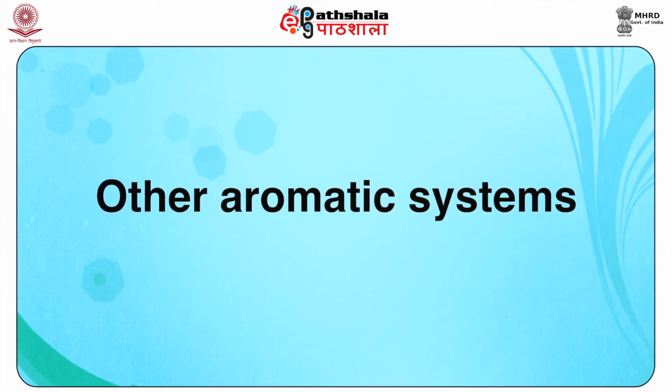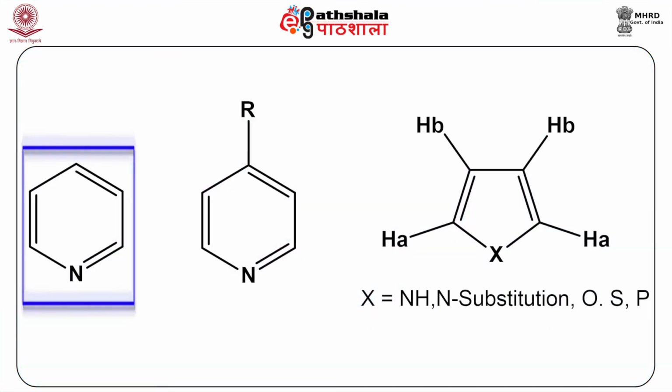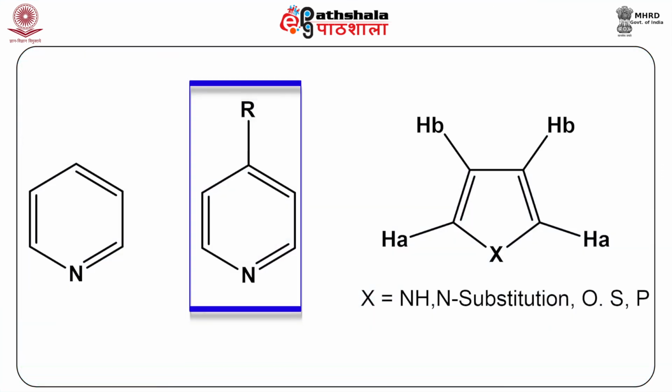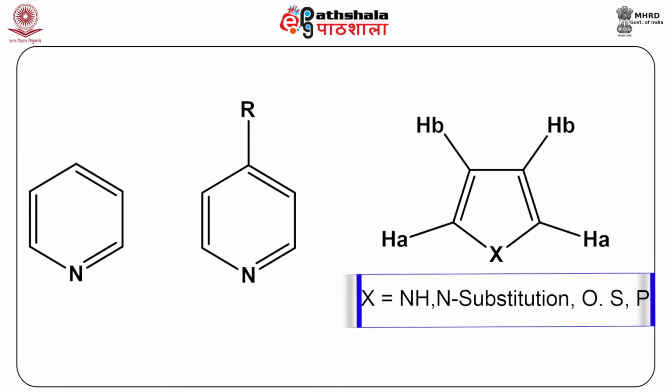Now, let us consider other aromatic systems: pyridine, 4-substituted pyridines, N-substituted or unsubstituted pyrrole, and other aromatic heterocycles such as phosphole, furan, thiophene, etc. All have the same symmetry framework as para-disubstituted or ortho-homo-disubstituted benzenes and will present as chemically equivalent but magnetically inequivalent pairs of protons.